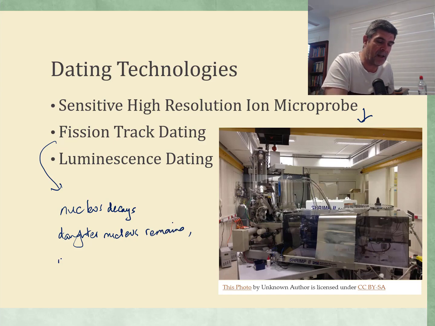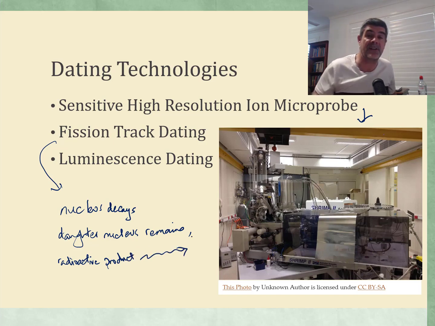But the radioactive product can push its way through the material, and it could be an alpha particle, beta particle, or gamma radiation, and that has an impact on the crystal structure of the rocks in which it's found.